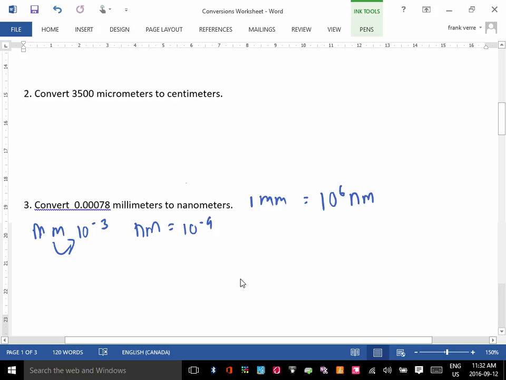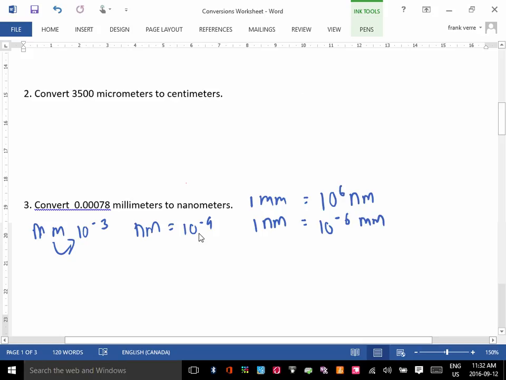Or 1 nanometer would be the same as 10 to the negative 6 millimeters. They're the same thing. You could say it either way. You could say 1 nanometer is the same as 1 millionth, or 10 to the negative 6 millimeters. Okay? It's the same thing.